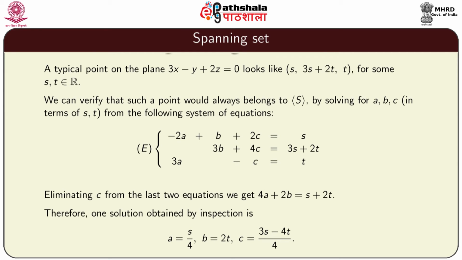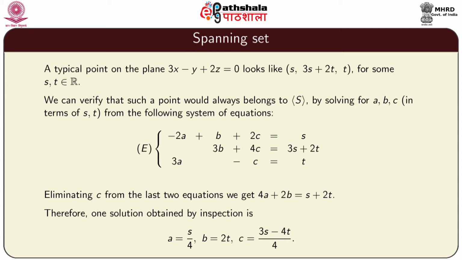If we eliminate c from the last two equations, we get 4a + 2b = s + 2t. Therefore, one solution for a, b, c in terms of s and t, which can be obtained by inspection, is that a = s/4, b = 2t and c = (3s - 4t)/4. And of course, s and t being real numbers, a, b, c are real numbers as well.